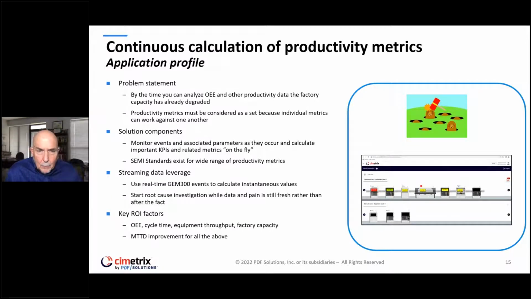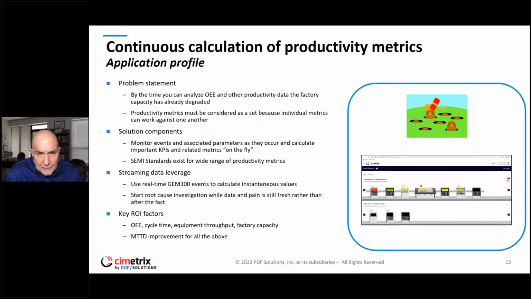And the issue, of course, with productivity metrics in a complex fab especially, is that they affect one another, and they don't all wiggle in the same direction. So it's kind of like playing a game of whack-a-mole. If you optimize one, you may degrade another one. So you have to consider these things together.